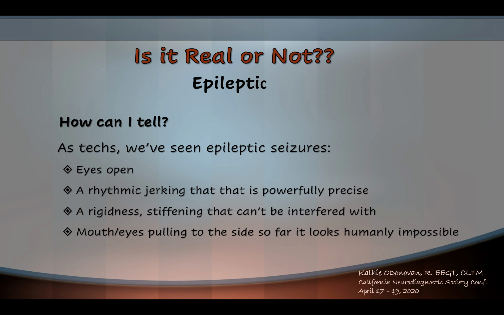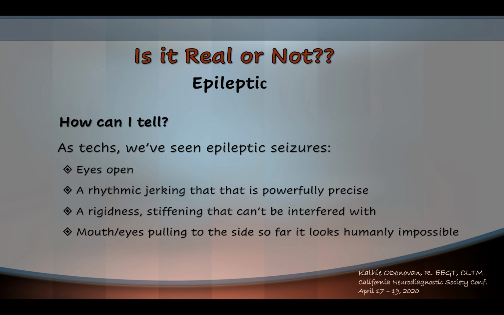So in addition, if they have seen or know something about seizures and they're doing eye deviation or their mouth pulling to the side, they won't know that in a typical seizure, if eyes are deviating, they can deviate so far that it would not be humanly possible to make that happen without your brain ordering it. Your mouth will be pulled very uncomfortably to the side.